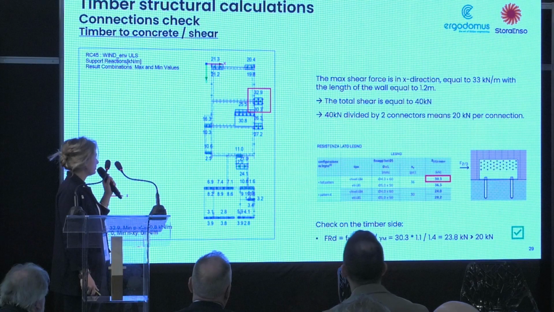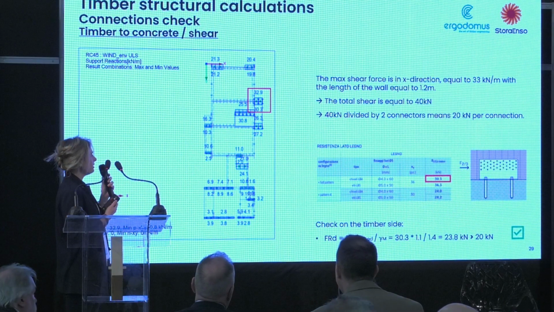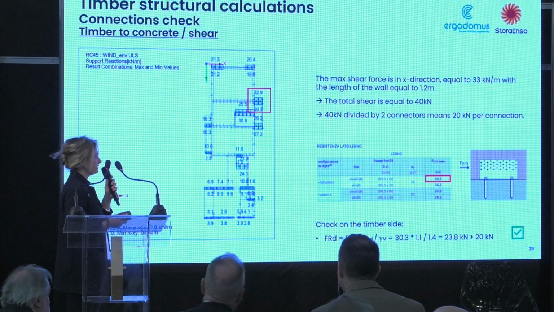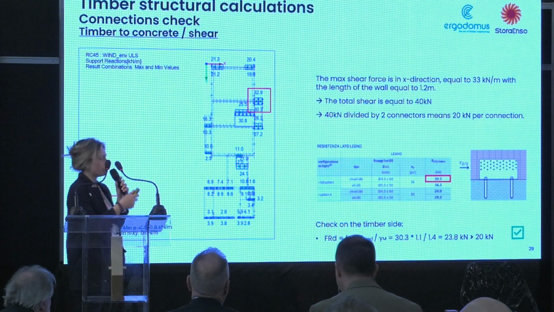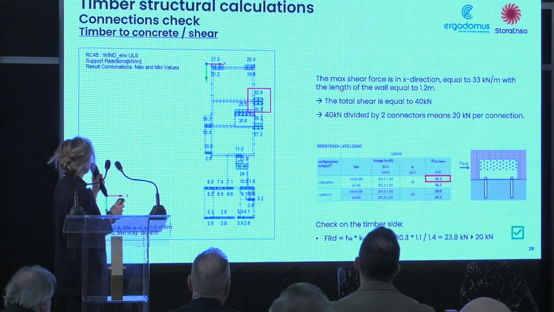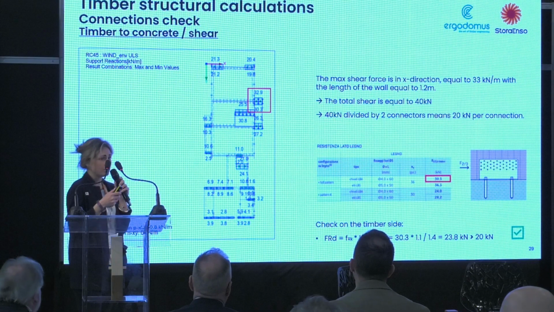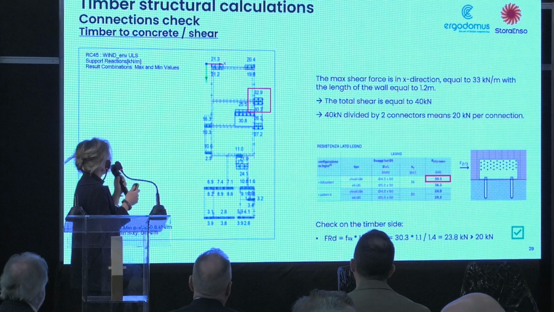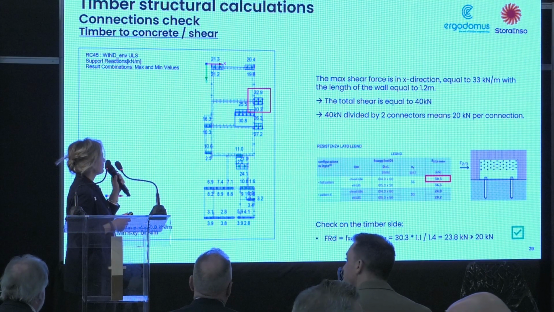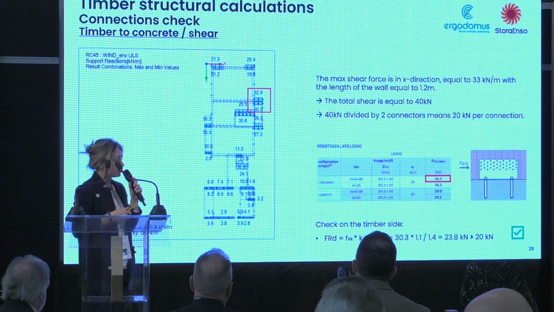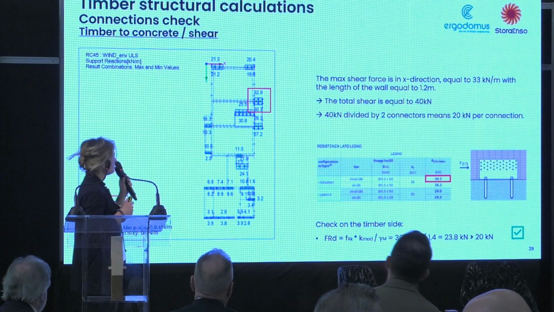Here I can show you just one example of how you can calculate the connection. In this case, we have a connection from Rotoblas, and we are talking about the connection between the CLT wall and the concrete foundation. You see here the diagrams coming from the software that makes the FEM analysis of the model.